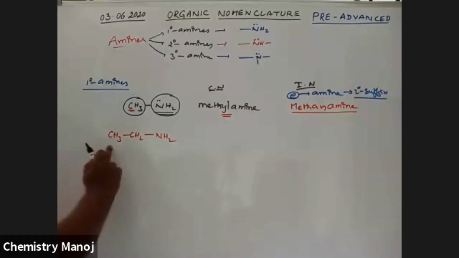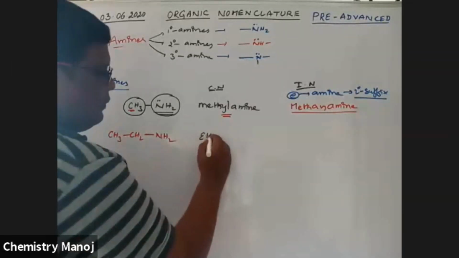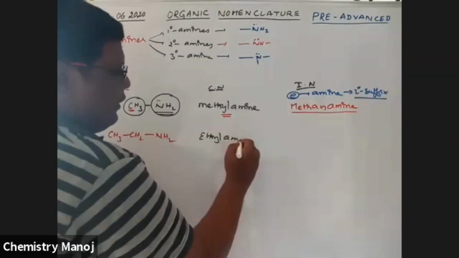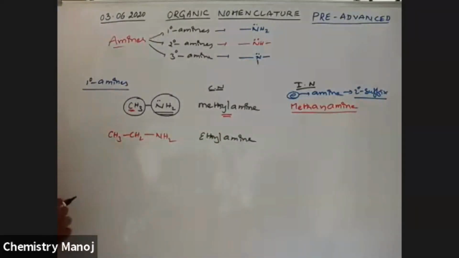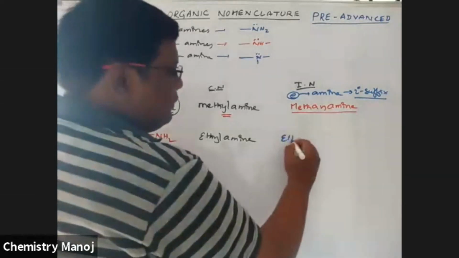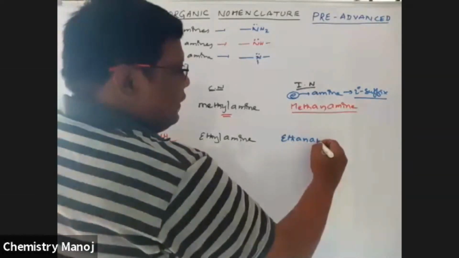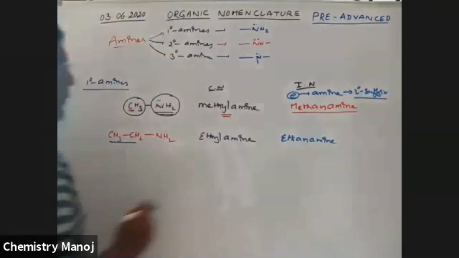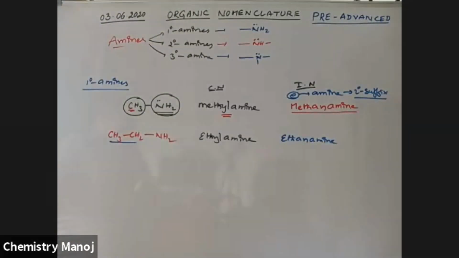It is two carbons, ethyl. Ethylamine is the common name. Now, two carbons, eth, an, amine: ethanamine. Okay, so like this, primary amines are named. So next.